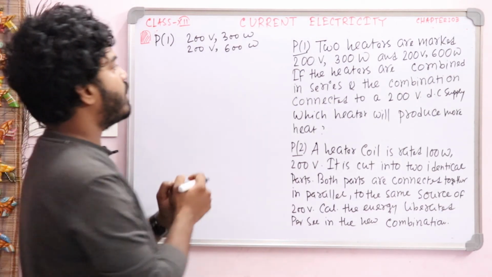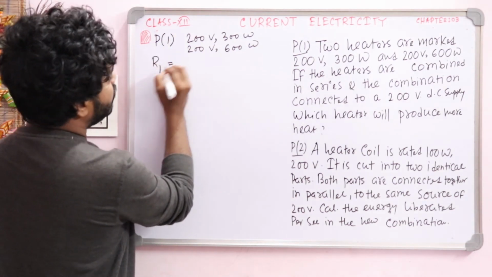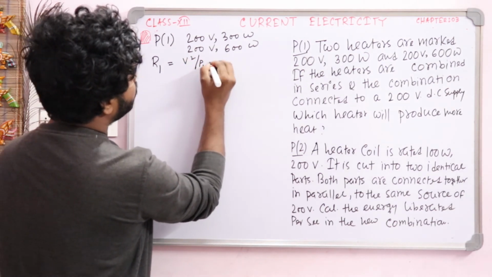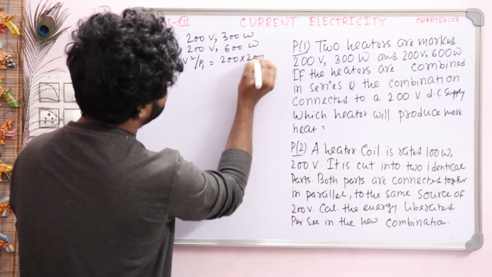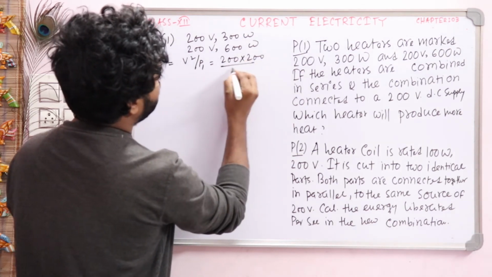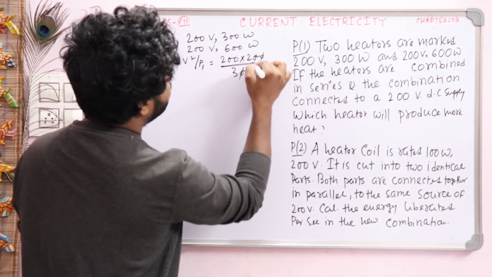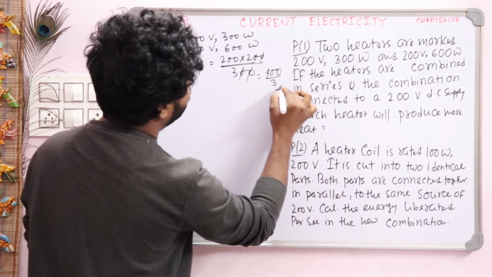Okay, so at first you find out the resistance for the first one. Write it down, R1. You know the formula, that is V square by P1. So here V square, that is 200 into 200 divided by P1, that means 300. So this one becomes 400 divided by 3 ohm.